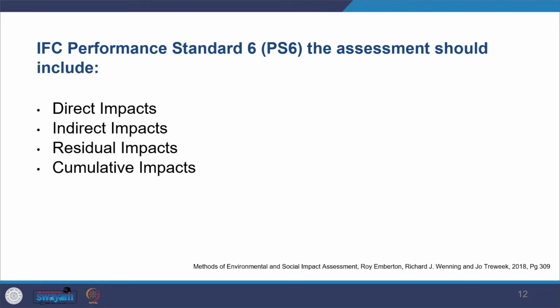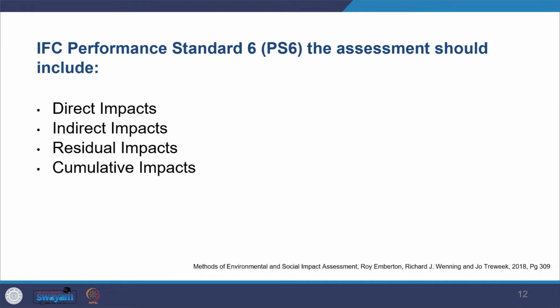Further, where you're dealing with critical habitat, if you may recollect the definitions we studied in the previous session, in case of critical habitat, you should be focusing on net gain. So not only no net loss, but in case of critical habitat, there should be gain. So you improve the critical habitat.